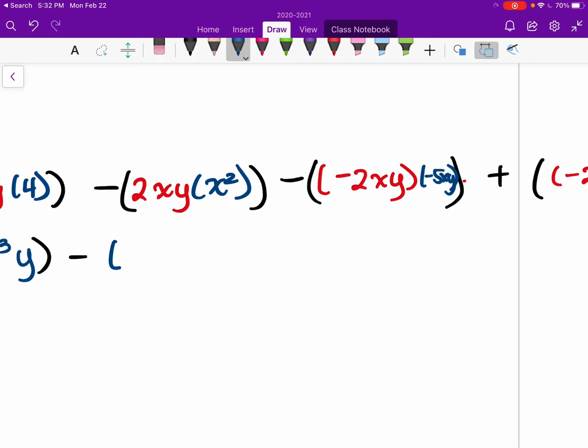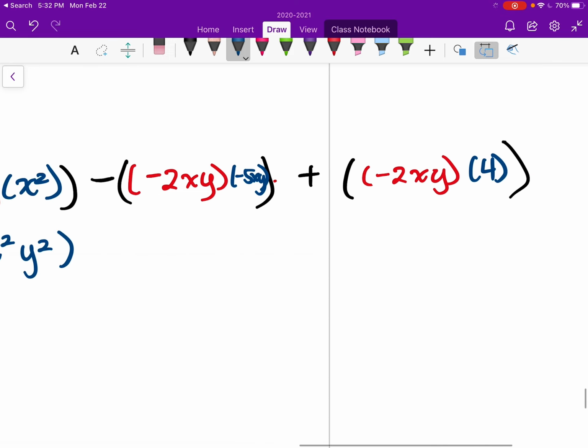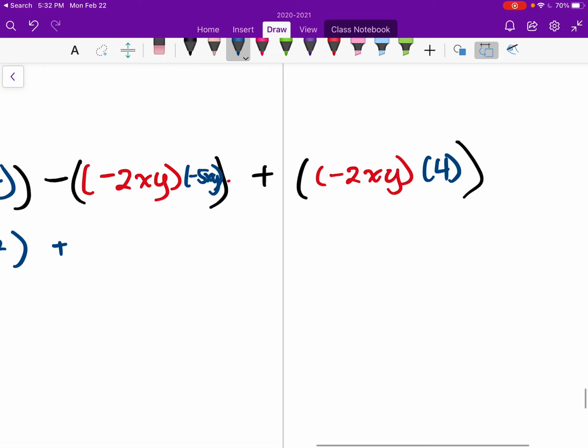So let's do that. Negative 2x times negative 5 is negative 10, right? X times x is x squared. Y times y is y squared. And then last but not least, you have positive plus negative 2xy times 4. So negative 2 times 4 is negative 8, right? And then you have x and y.